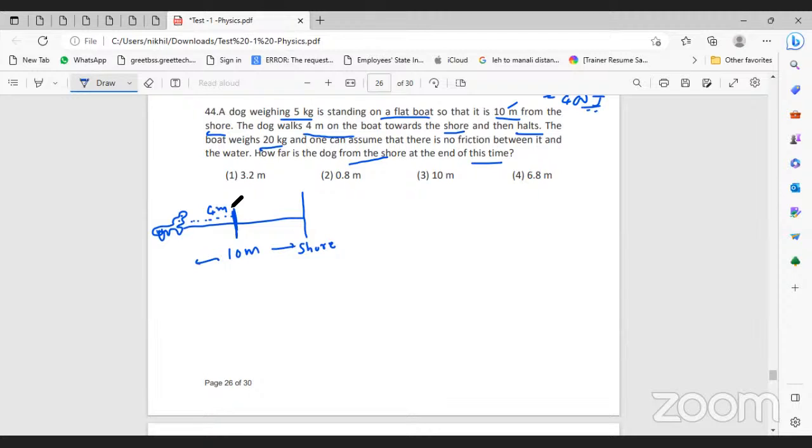Now the boat weighs 20 kg. Now you have to find how far the dog is from the shore at the end of the time.